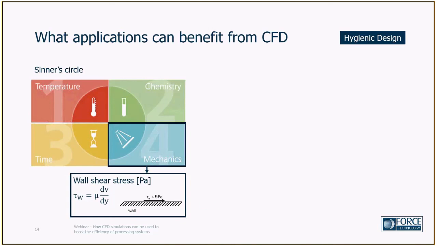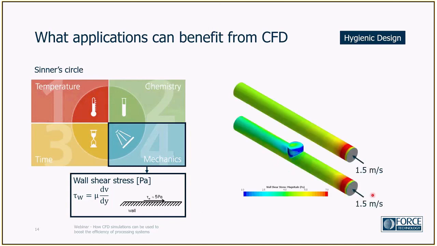And then if we consider again the previous example with the straight pipe and the dead end, here I'm showing you some results from a CFD simulation. We are showing the wall shear stress plot on all the walls of both cases. And we can very easily see how this part here, where the dead end is, has a much lower wall shear stress.